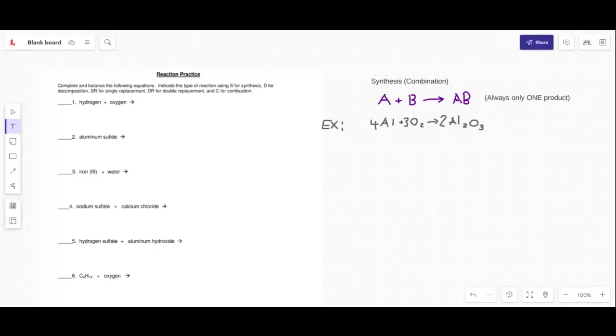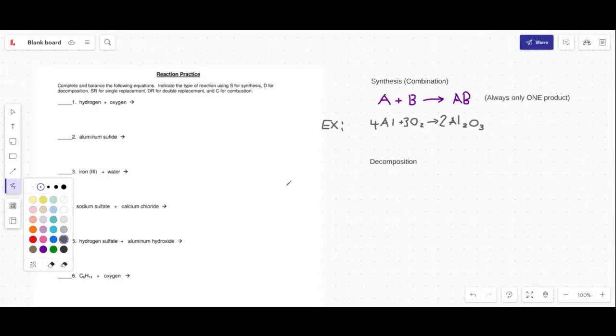The next type of reaction is the opposite of a synthesis. This is a decomposition reaction. And in a decomposition reaction, you get a breakdown. Instead of A plus B goes to form AB, you get AB breaks down to form A and B. Sometimes it's just a compound breaking down back into its elements, and sometimes it's a compound breaking down into an element and a compound, or two compounds.